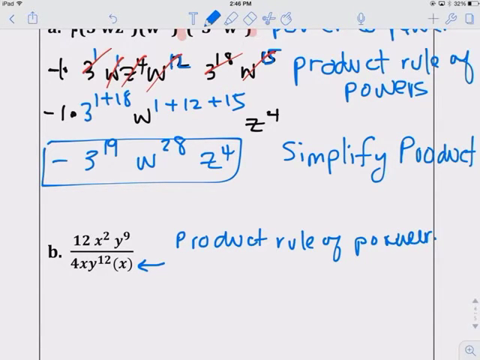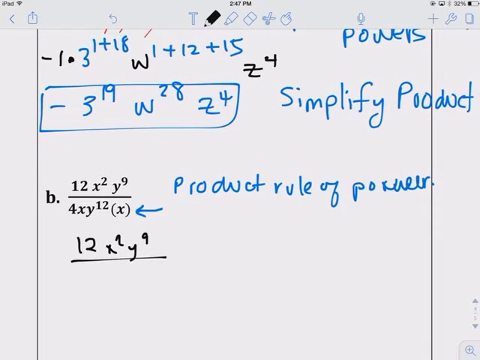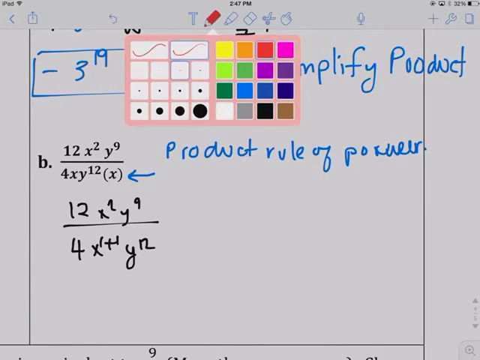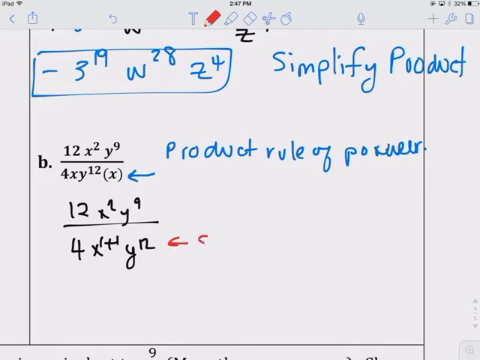So we get 12x squared y to the 9th over 4x to the 1 plus 1, right? Y 18th, right? So we basically, we're going to simplify the product, right? Simplified product.